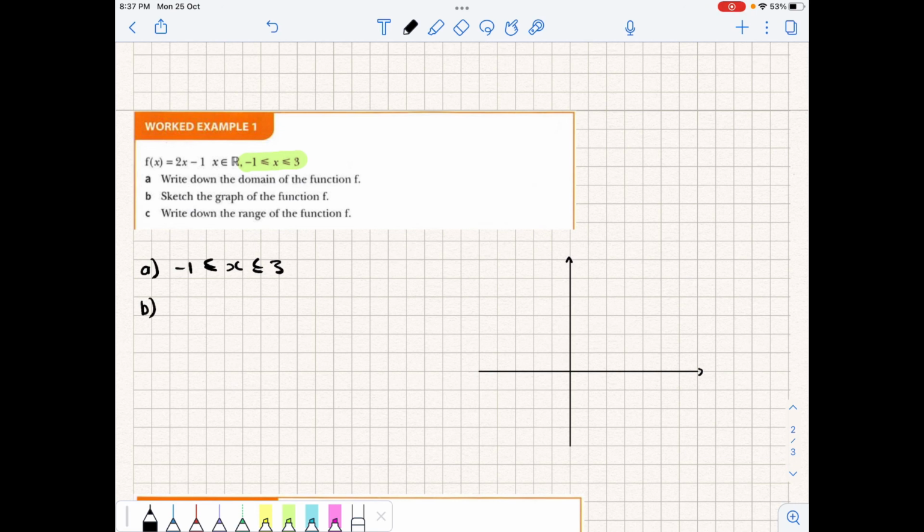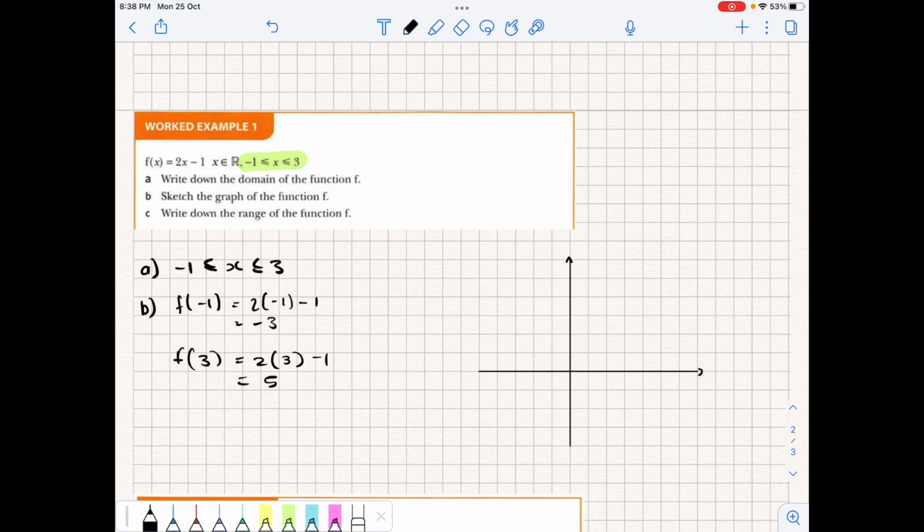So what we'd like to do is take function f and say, well, what is it equal to when x equals -1? So we'll get 2 times minus 1 minus 1, and we'll get negative 3. And likewise at the other end, we can say, well, what is the function equal to when x is equal to 3? And we can say 2 times 3 minus 1, and we will get 5.